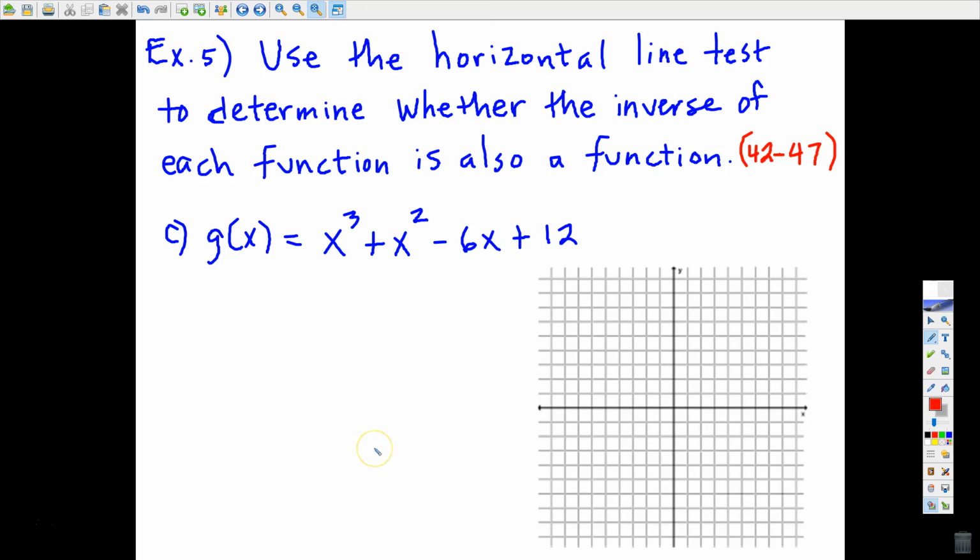Okay, for these we're going to have to do some inputs and outputs. I know where it's going to cross the y-axis. It's going to cross at 12, and so to make this work, I'm just going to do these in 4s. Maybe we'll just do 4s for each.